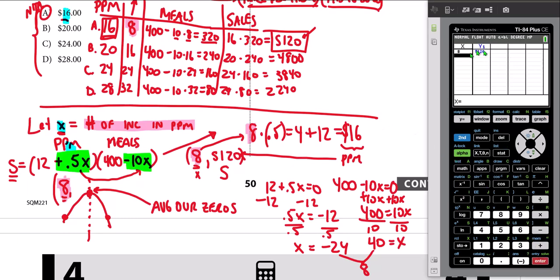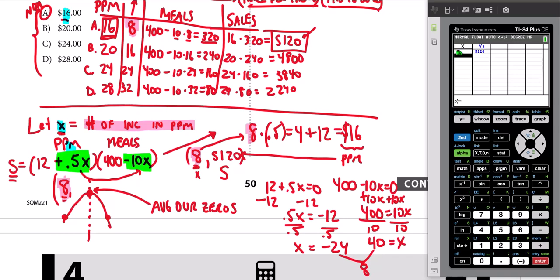And that 5120 is going to be the sales that correspond to a price per meal and a number of meals when I have increased the price per meal by 50 cents a certain number of times.